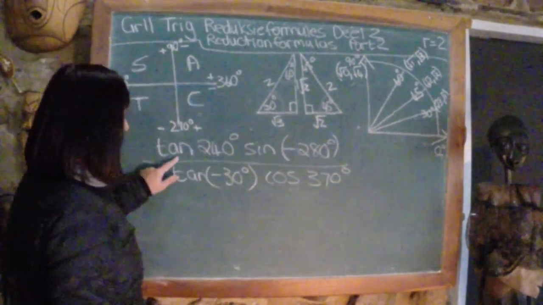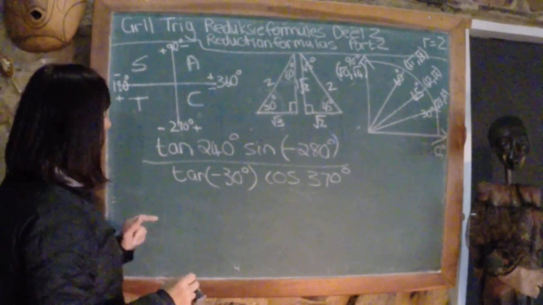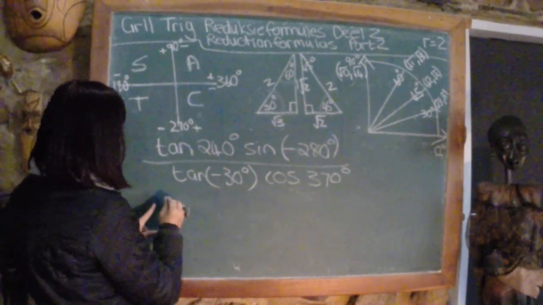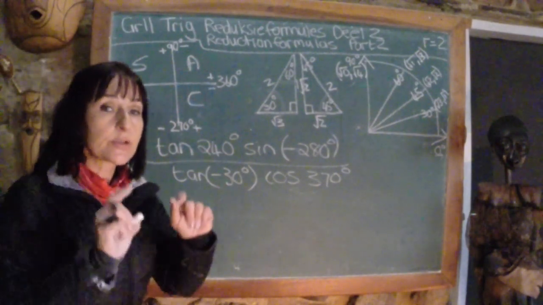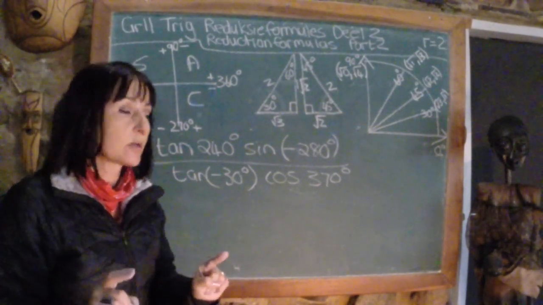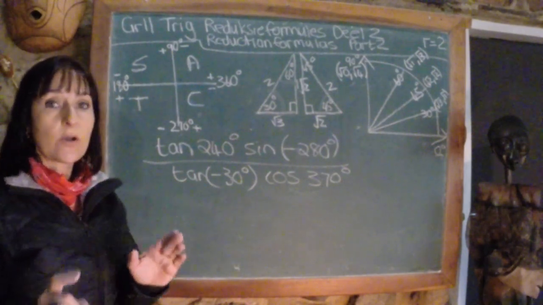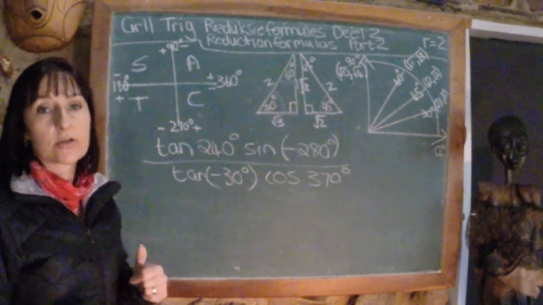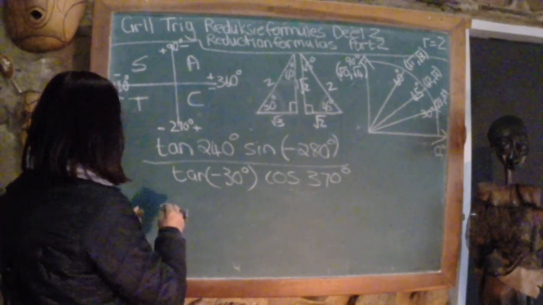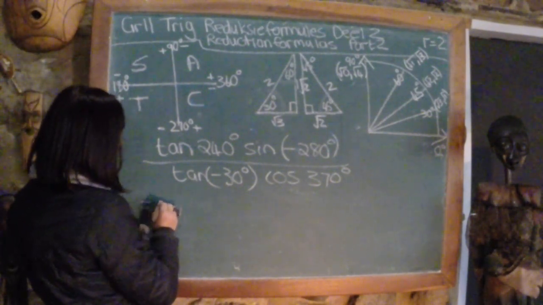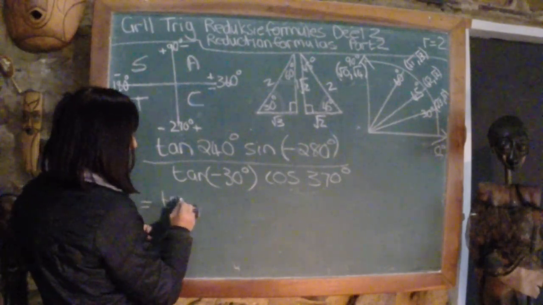So if you look at the tangent of 240, then we can apply 270, but 270 is a cofunction, and that's not going to work because cofunctions is just for sin and cos. And in the grade 12 syllabus, there's no cofunctions for the tangent function. So we're going to do 180 plus 60.